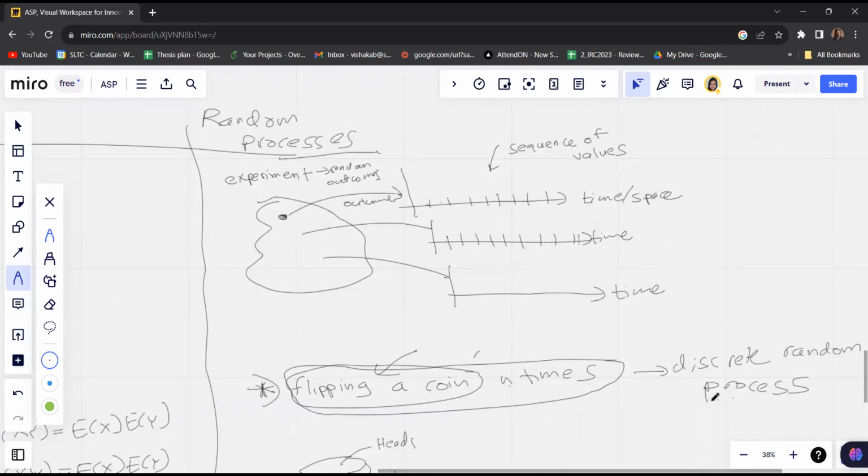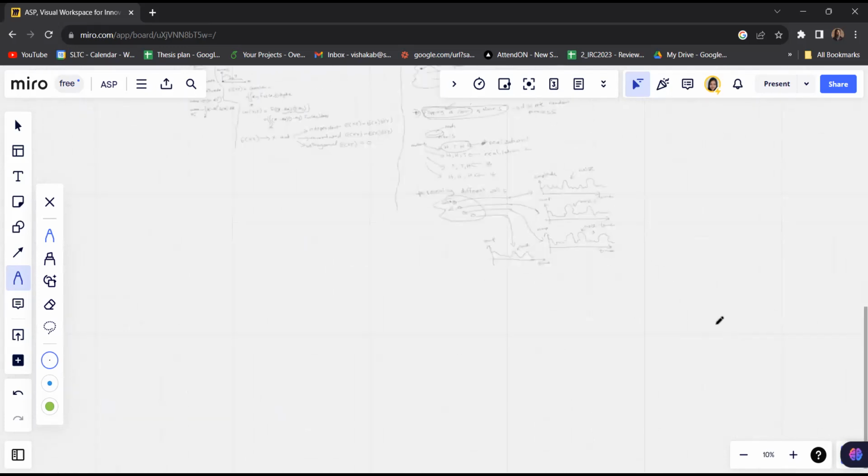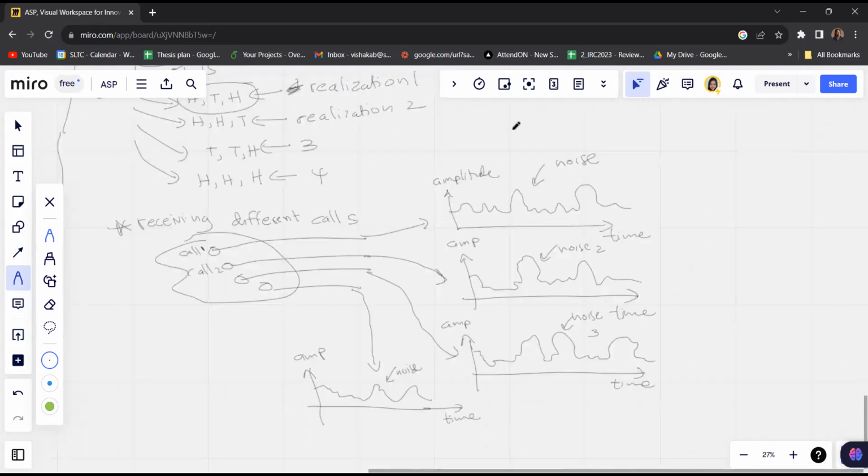In the random process, however, you have multiple values in the outcome, a sequence of values. Because of that, we will consider every value one by one. With respect to time, we will consider one time instance, like time equal to 1 second. Then for the second waveform, time equal to 1 second, there also we will consider the amplitude.